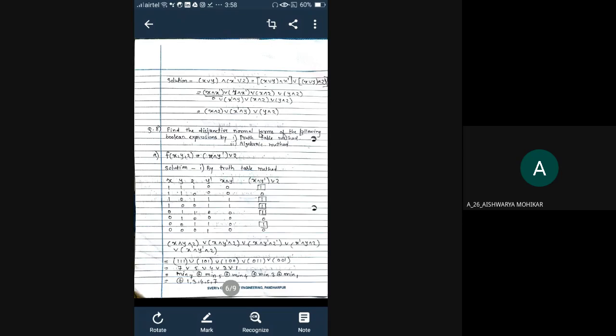The given expression is f of x, y, z is equal to x and y's complement, or z. Outside the bracket, or z is there. So first of all tell me, are you able to solve this?